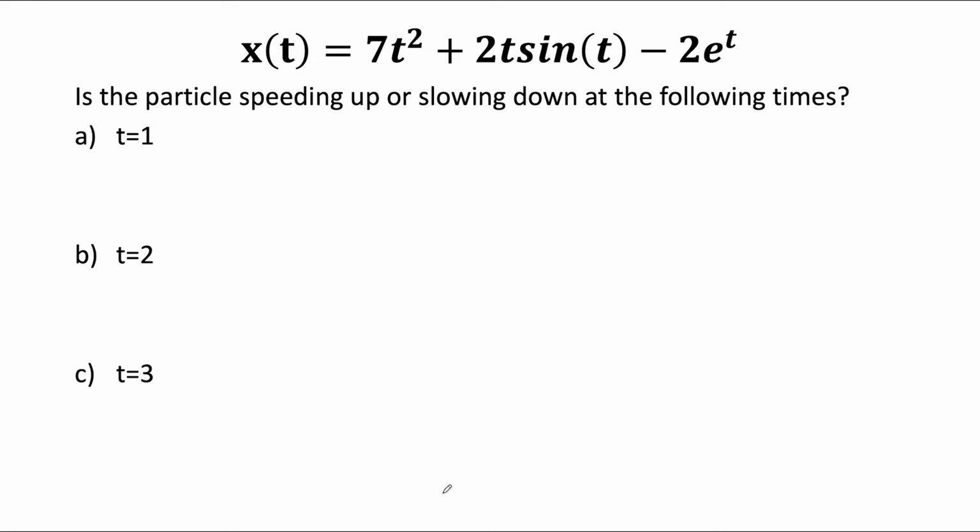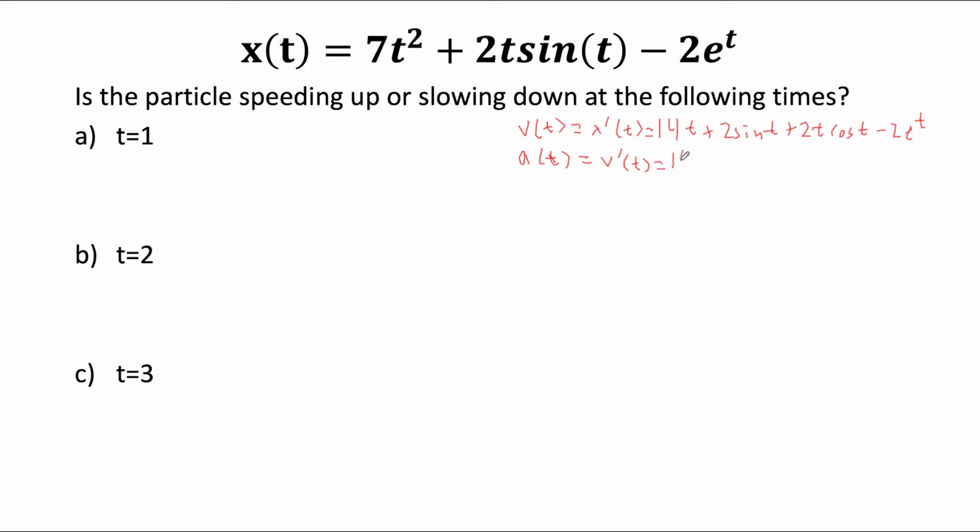So let's do that. First of all, we know that velocity is the first derivative of position. So that is 14t plus 2 sine t plus 2t cosine t minus 2e to the t. And now let's look at acceleration. Acceleration is just the first derivative of velocity, of course.